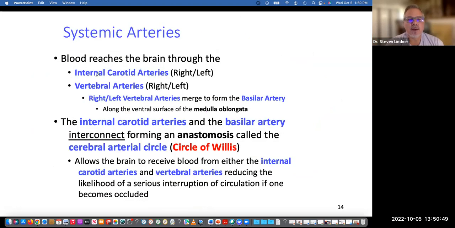So you should review the internal carotids, the vertebral arteries, the circle of Willis, right? Understand the basilar artery, the correlation between the internal carotids and the basilar, kind of feeding into that anastomosis where they all come together and join, called the circle of Willis.